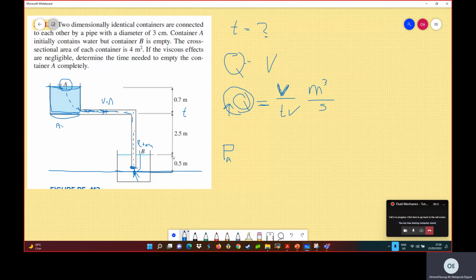So you have an elevation here for point A, so you have plus rho g ZA is equal to P here, this point, call it 2, which is also atmospheric, plus, and this point is at the datum, so I have no rho g Z.